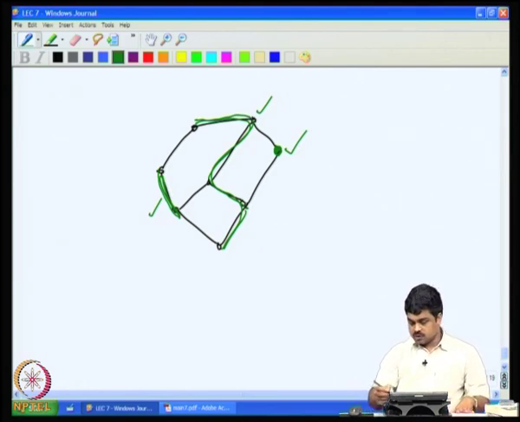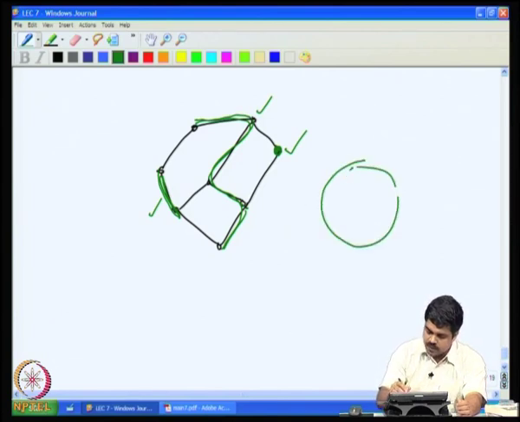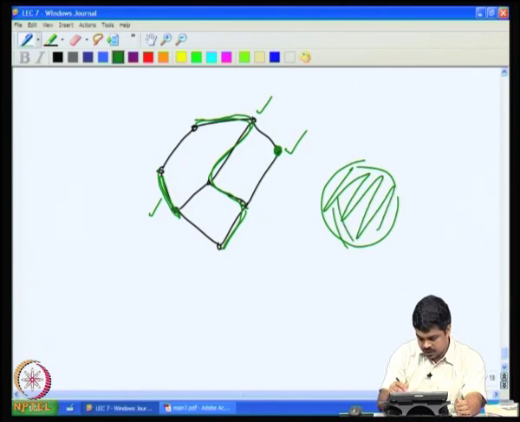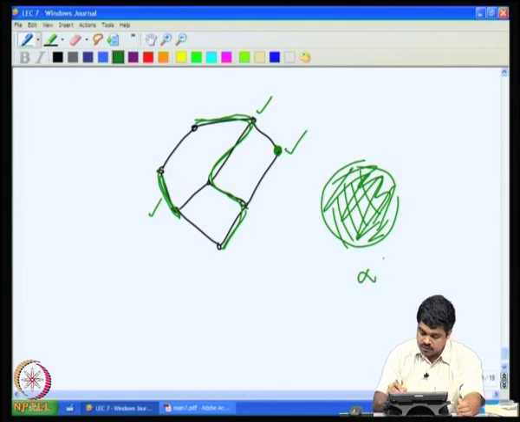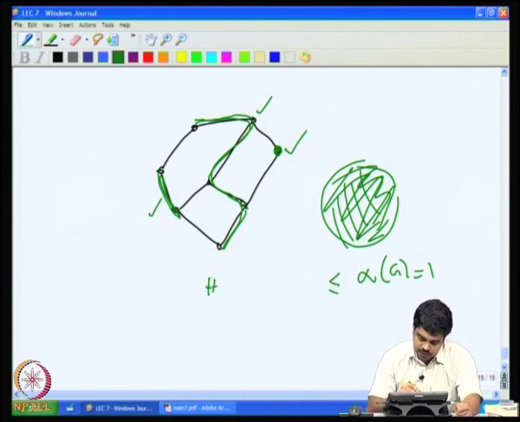So, we can check it by creating some examples. For instance, if you look at a complete graph, this is one case where the maximum independent set is quite small. So the alpha of G here is equal to 1. So do we get a path cover of this with cardinality, that is, number of paths in it, right?